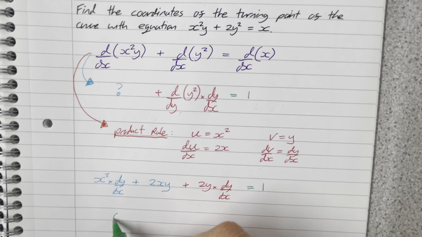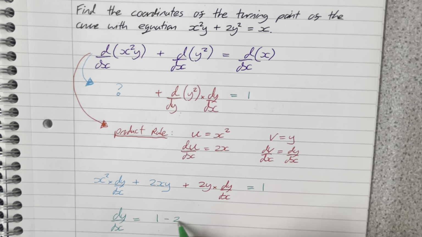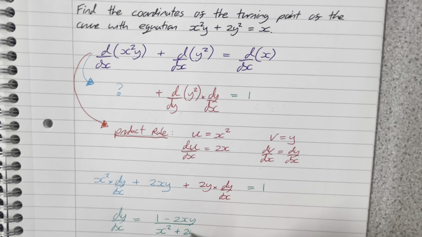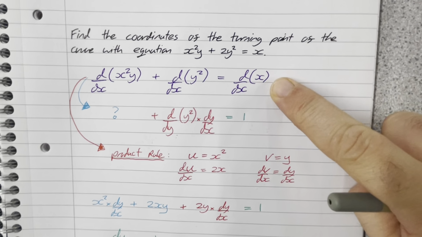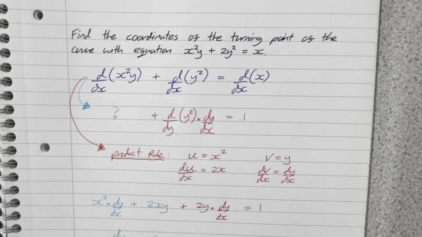So we're going to end up with dy by dx is equal to 1, subtract 2xy, divided by the coefficient of dy by dx, which is x squared plus 2y. That is dy by dx for this curve.